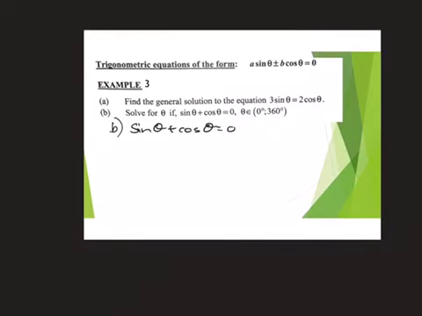So solving for anything in trig, general solution, but they've told us that they only want the answers that fit between 0 and 360. So now I recognize that I have a sine and a cos, but they're not on opposite sides. You don't want them on the same side. If they're on the same side, kick them to opposites. So the cos I'm kicking over, it's going to become negative.